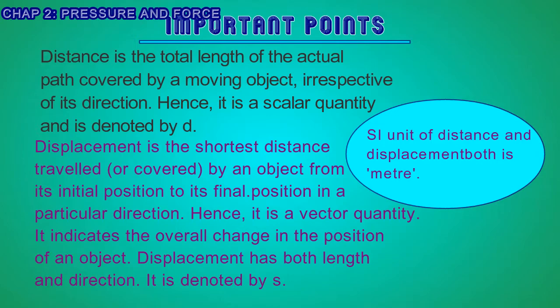Hence, it is a vector quantity. It indicates the overall change in the position of an object. Displacement has both length and direction. It is denoted by small s. The SI unit of both distance and displacement is meter.